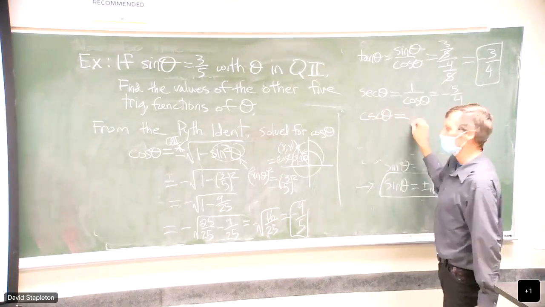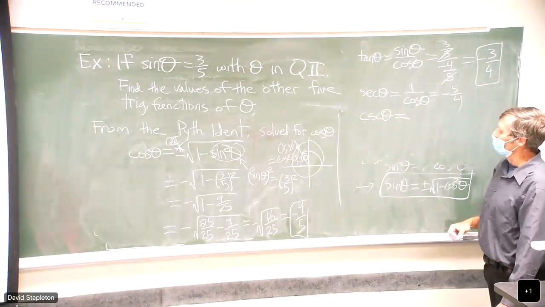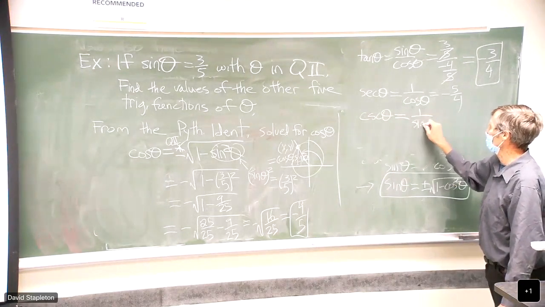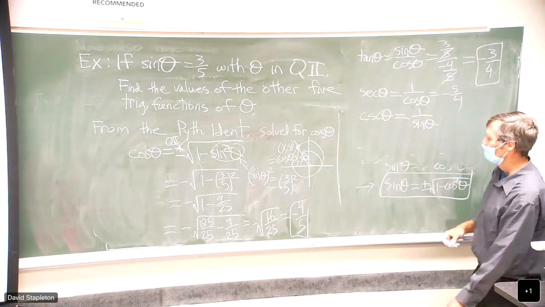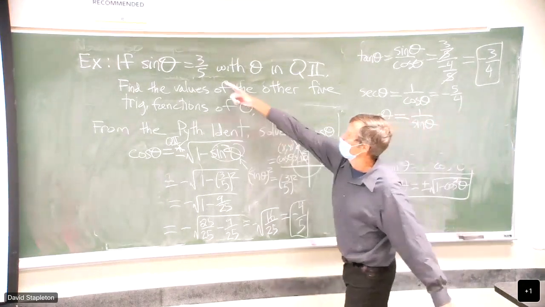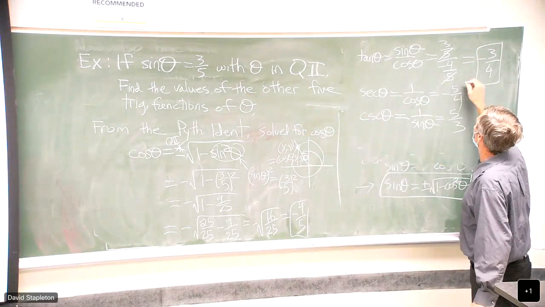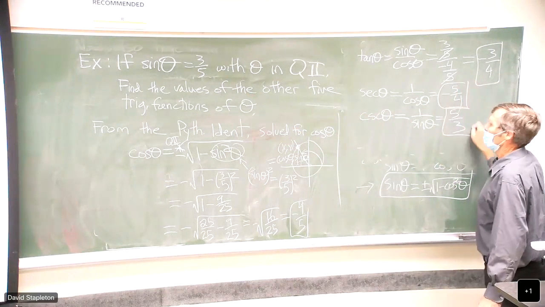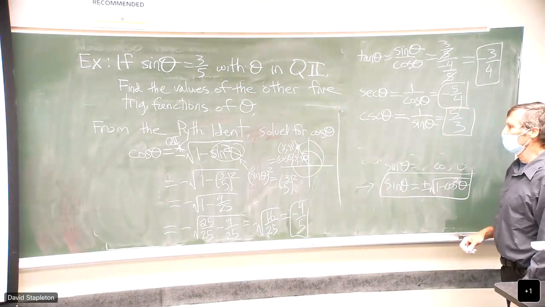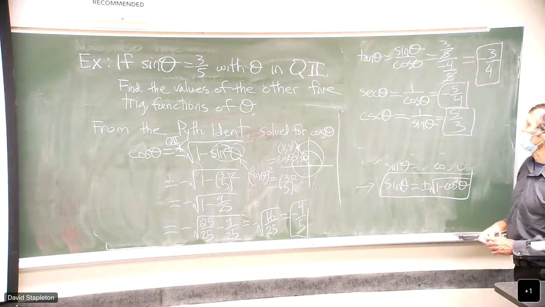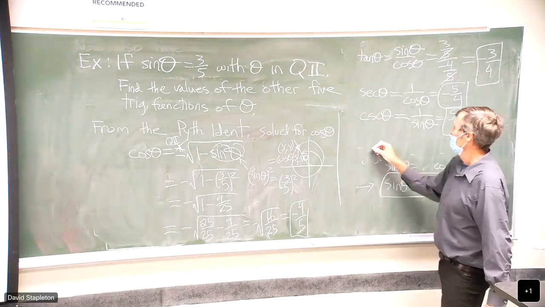Cosecant, see how much better everybody's getting in algebra already, if you weren't already. Some of you were very good. Cosecant is by the reciprocal identity 1 over the sine, or 1 over the y. The sine was 3/5, so this is 5/3. That one upside down. There it is. So once you know sine and cosine, you take their quotient to get the tangent. You take their reciprocals to get the secant and cosecant.